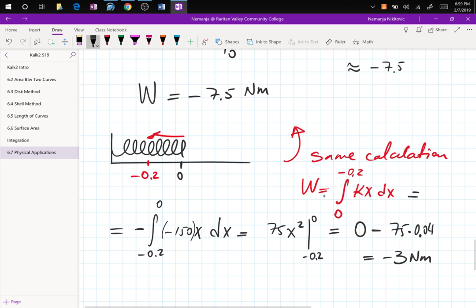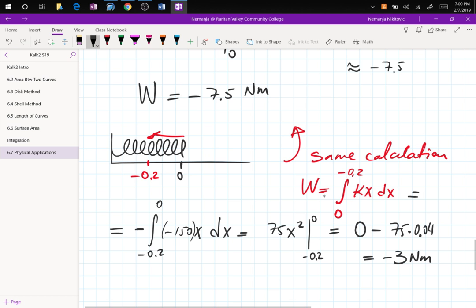Oh, I doubled up on negatives in the setup. I had a negative inside the... Now I have to explain everything from scratch. Okay, so Hooke's law has the negative built in. So we put negative 150.